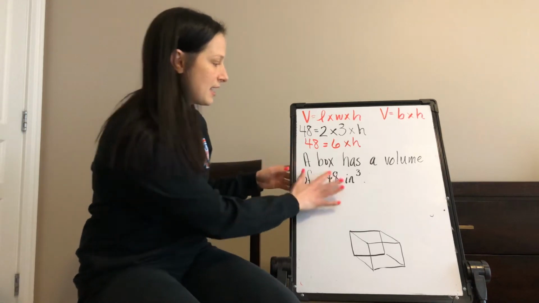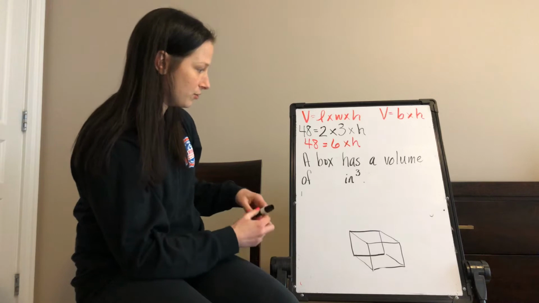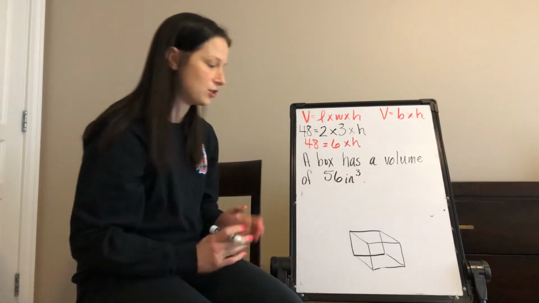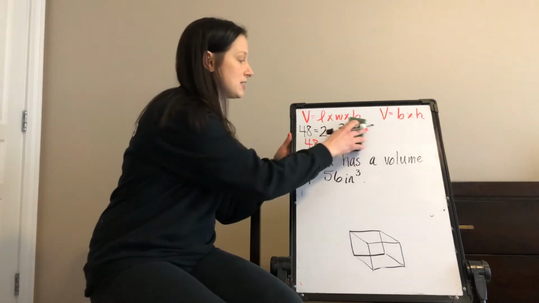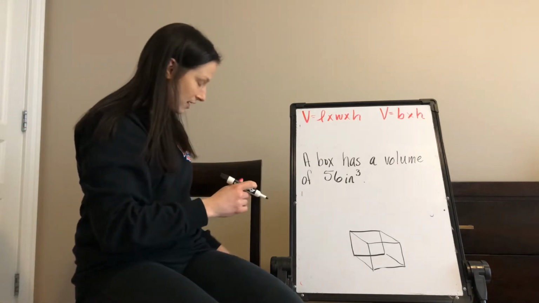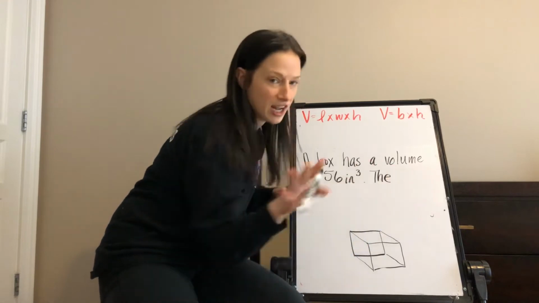So let's say this time that we're given a box that has a volume, let's say 56 inches cubed. Okay, so again, we're given the volume is 56 inches cubed. Okay, next I'm going to tell you the height.